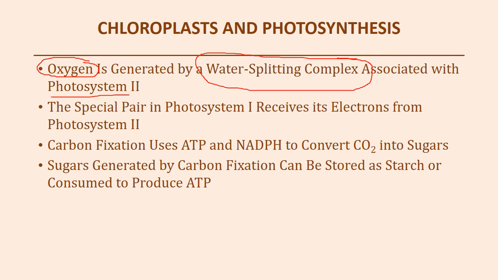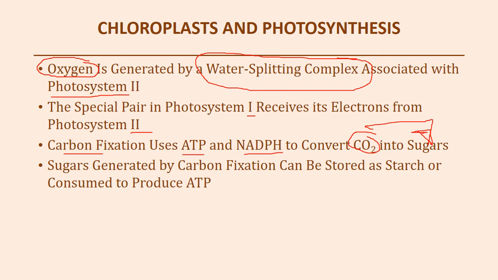Special pair in photosystem 1 receives its electron from photosystem 2. So that was the pairing, the coupling that we were talking about a little bit ago. The second step of photosynthesis, carbon fixation, is then going to use the ATP and NADPH so it can convert carbon dioxide into a usable food source, such as the sugars, aka glucose.